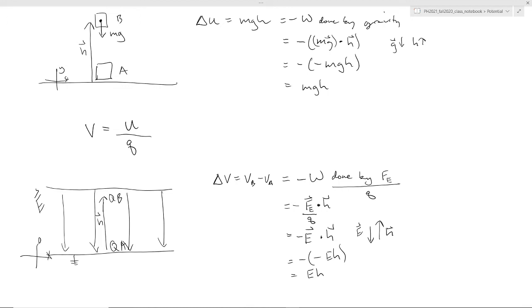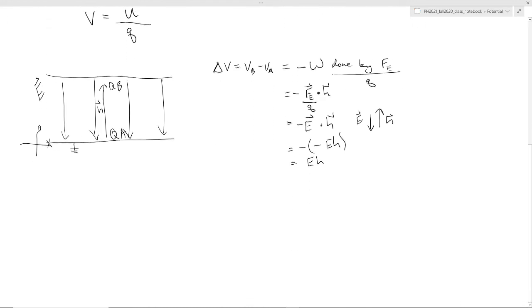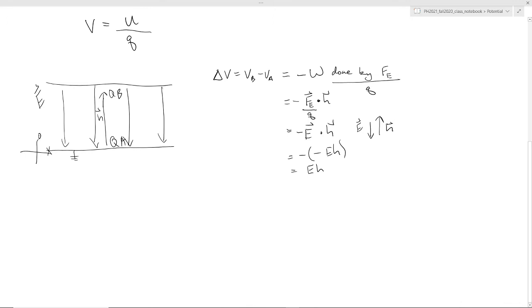Where this gets interesting now is if we connect this back to potential energy.